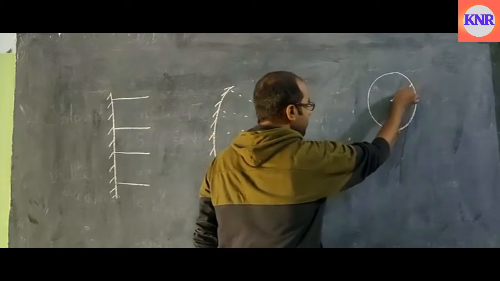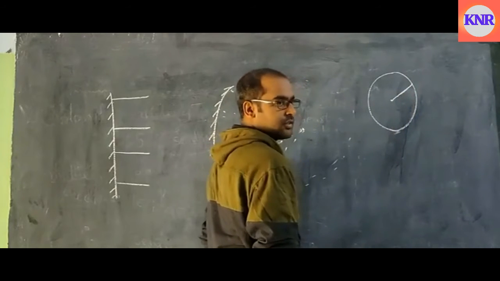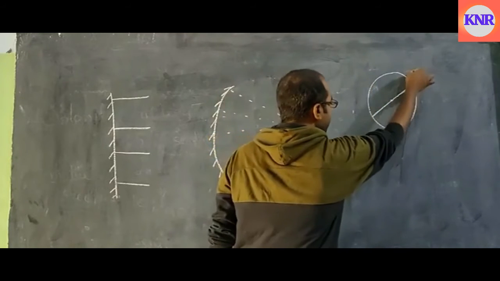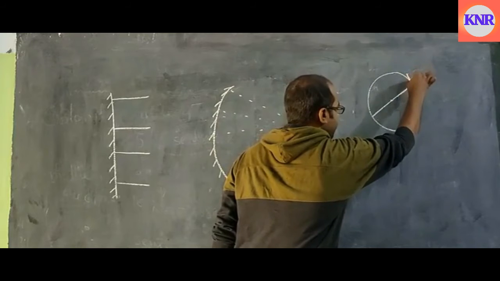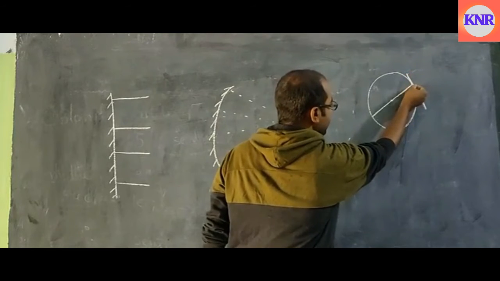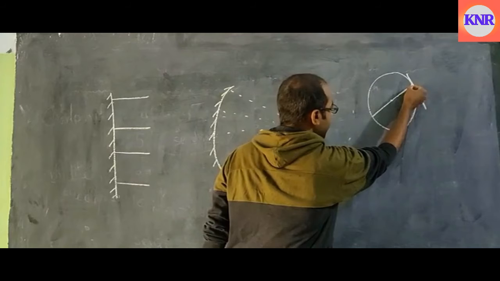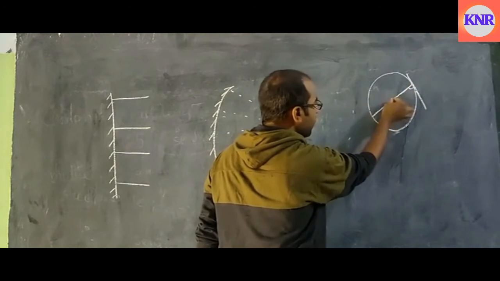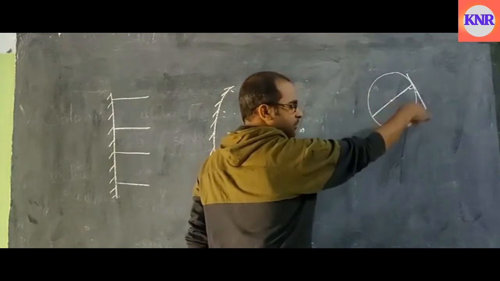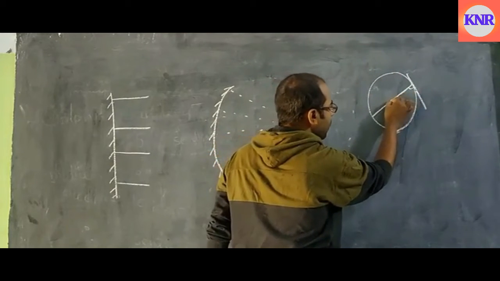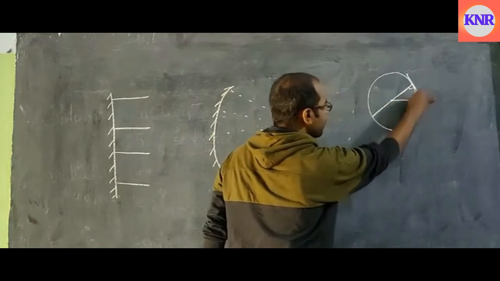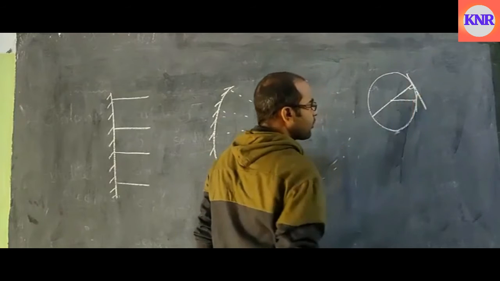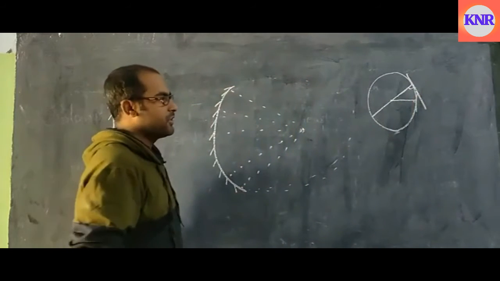This is one radius, and this is the diameter, we can say. If you draw a tangent at this point, this radius makes a 90 degree angle with the tangent. That means whatever point you take on a circle, the line you draw to that point acts as a normal, making 90 degrees with that tangent.